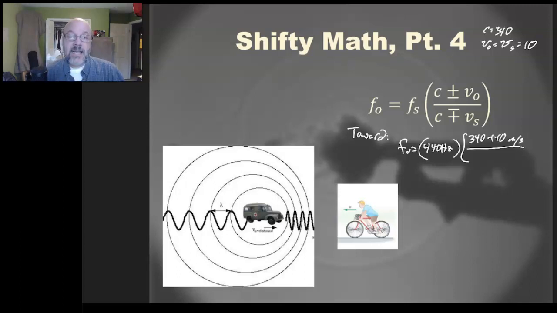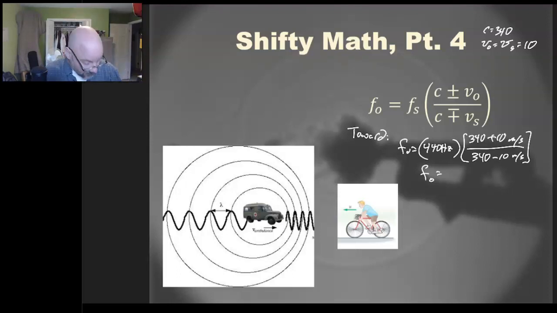If the source is moving, we need a ratio higher than 1, so the pitch goes up. That means the denominator goes down, so we divide by something smaller. Just like that, the numerator is bigger and the denominator is smaller.